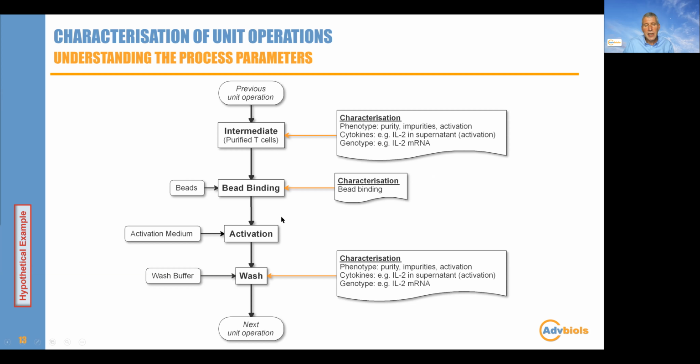Now, there's an activation step here, and in this particular example it is meant to allow the cells to be transduced by a vector. This is a CAR-T type example. So how do you know if the cells are sufficiently activated so that you can set, say, the duration and concentration of various things, or mixing or whatever?